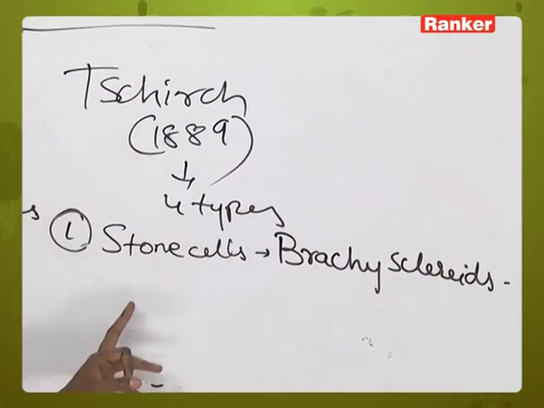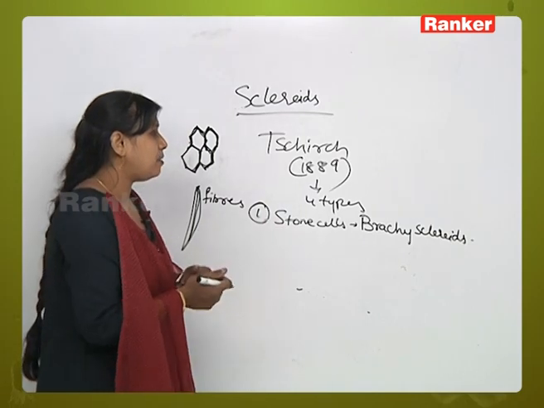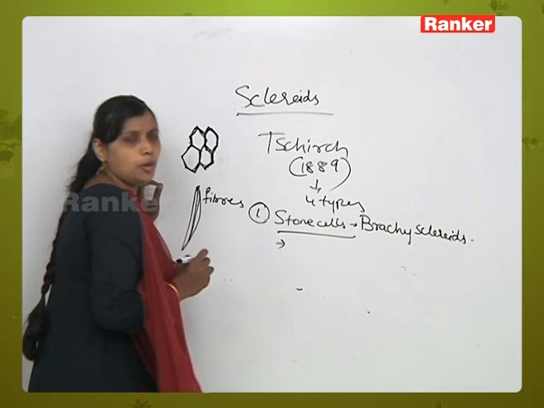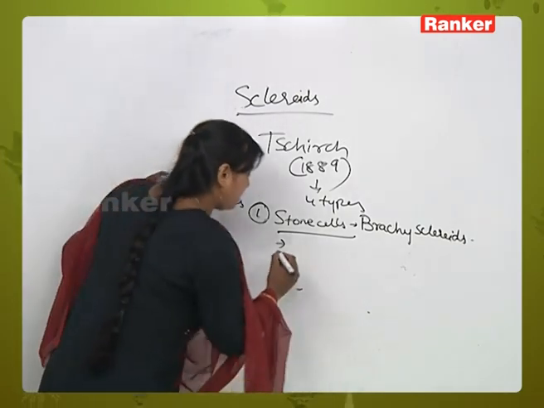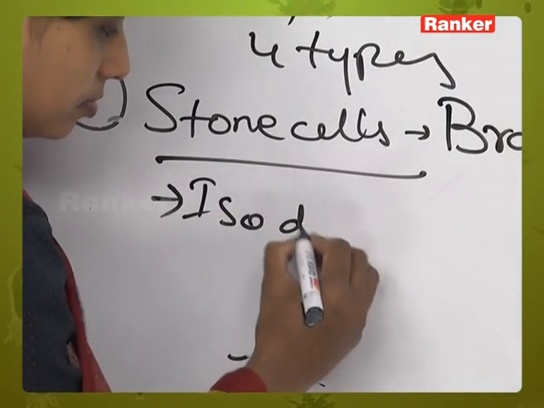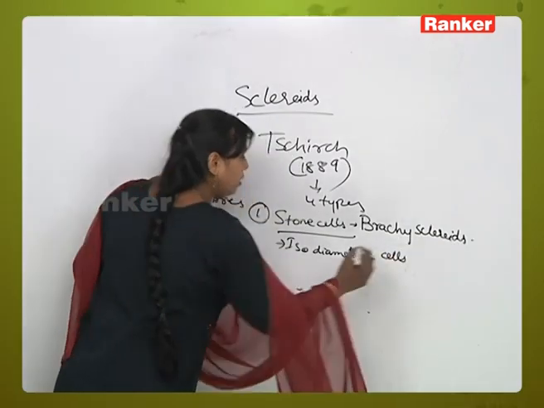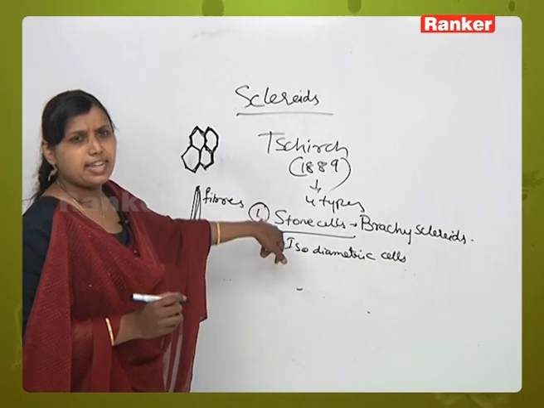It is also called stone cells. And what are these sclerites? This type includes more or less all the isodiametric cells. Now, where are these stone cells or brachysclerites found?